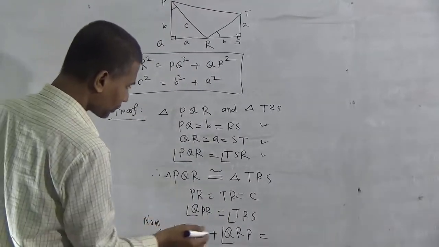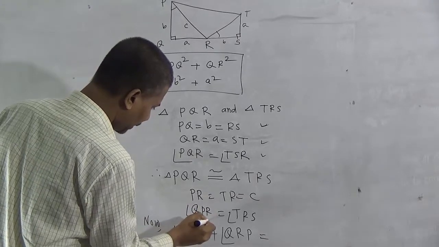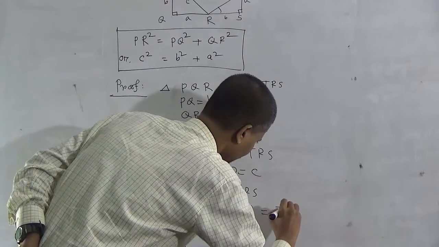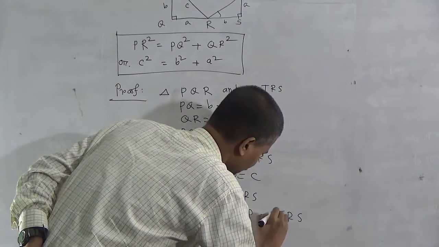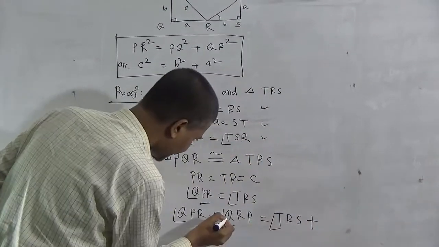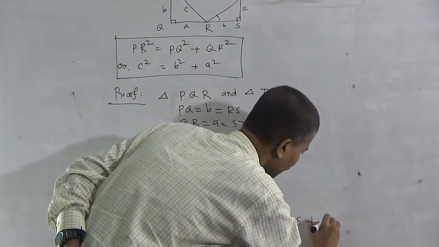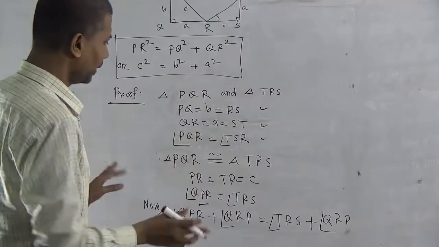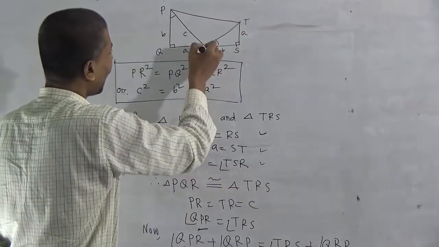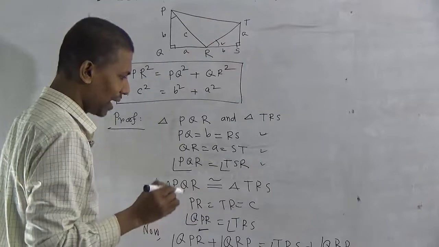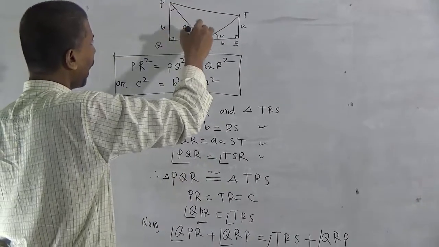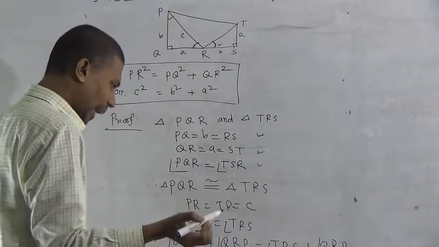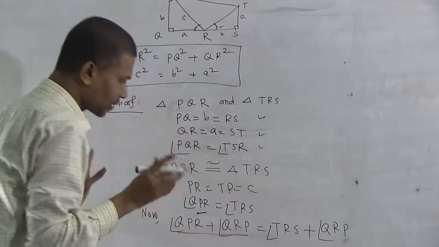Okay, look, I have written QPR equal to TRS, right? TRS plus QRP. Observe carefully, TRS, that means this angle, plus QRP, that means this angle. Observe carefully, as this is right angle, that means 90 degree.